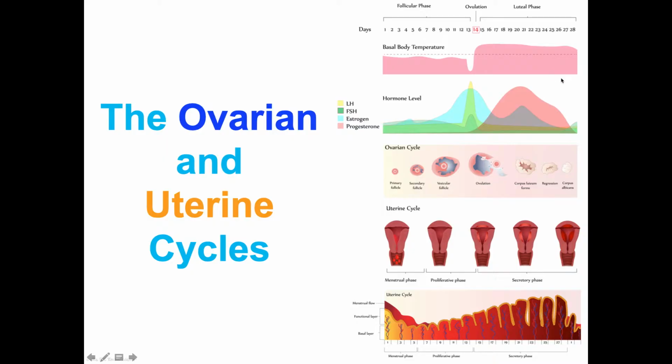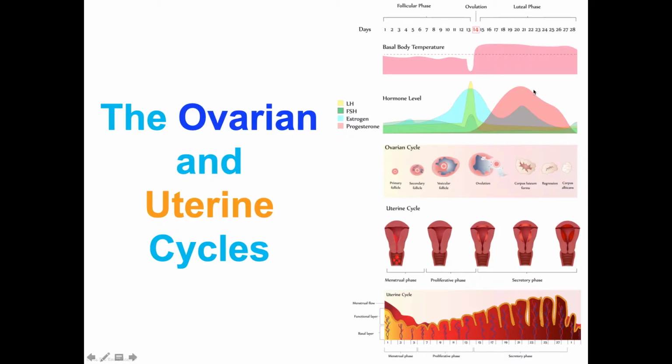So if you're trying to get pregnant and you're doing some fertility tracking, one of the things you can track is your basal body temperature. Basically, you take your body temperature first thing in the morning, and what we often see is that it is below a certain threshold prior to ovulation, and then after ovulation has occurred, it kind of spikes, and it's only a couple tenths of a degree, but it's a big enough change, and then it stays high until a new cycle begins.